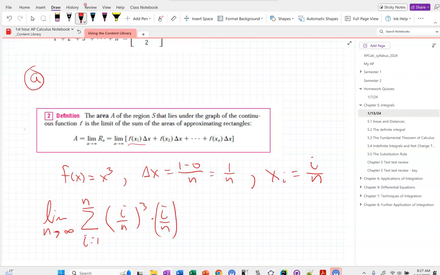Or you could write out the summation in an expanded form like this if you'd like. That's fine to do it that way as well. This is just like 1 over n for x1. This would be like 2 over n for x2. This would be like n over n for xn.